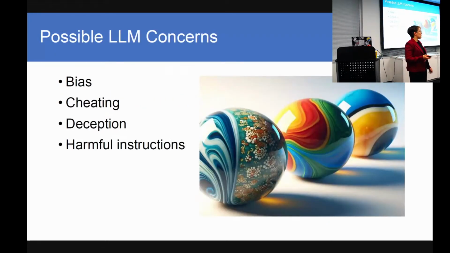Okay, so there are a lot of possible concerns that people have about LLMs and things they can do, and some of which are definitely warranted. There's a lot of bad stuff you can do, either intentionally or unintentionally, with a large language model, just like with a lot of other tools. You can definitely cheat with it. You can use it to write a paper for you for a class.